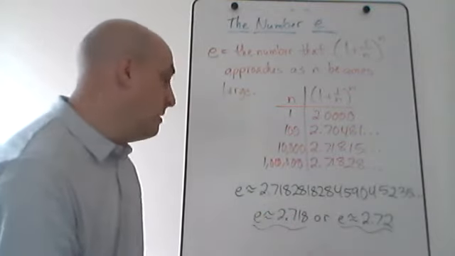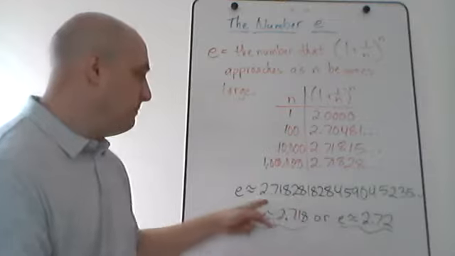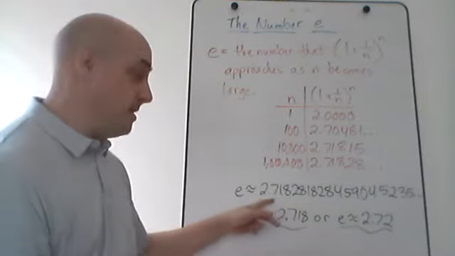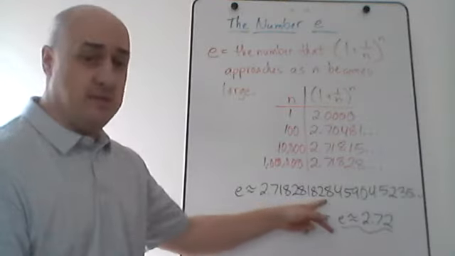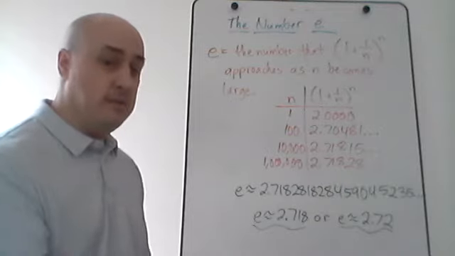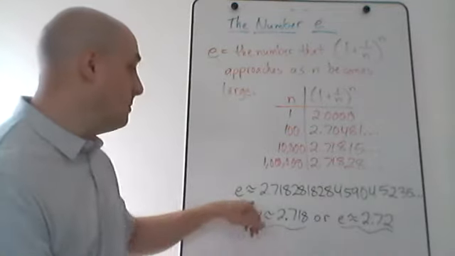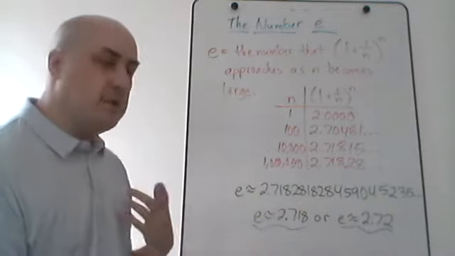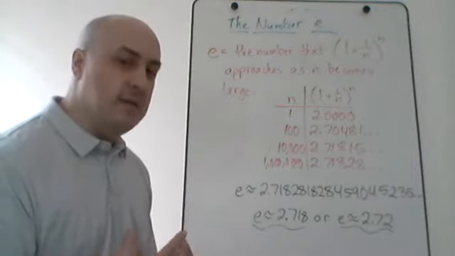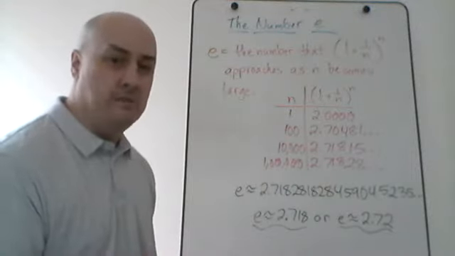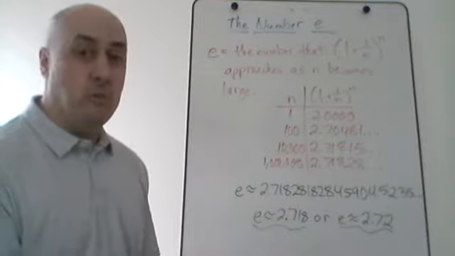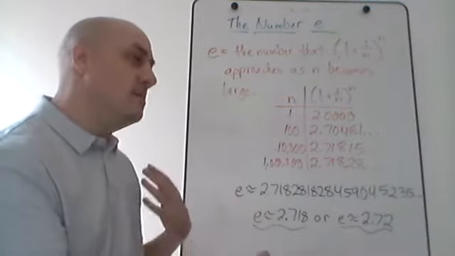Now, for my classes, I don't make students memorize the value of e because that's ridiculous. I mean, your teacher might if they're a horrible person. But just to have a working knowledge of what e is, just like we say pi is about 3.14, pi is not equal to 3.14. That's just an approximation so we can work with it.